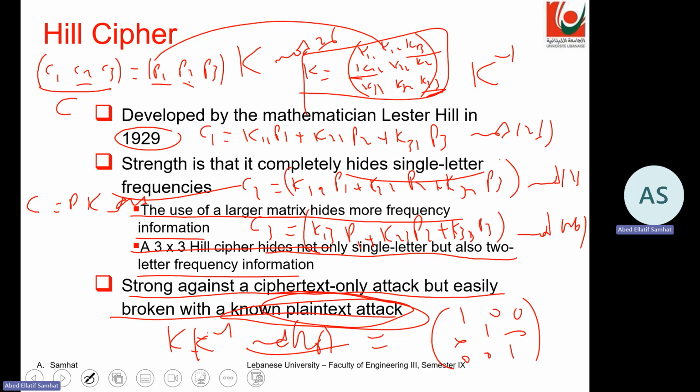If I want to find the plaintext to decrypt, it will be the ciphertext times K minus 1 mod 26. So the ciphertext is PK, and PK times K minus 1 gives back P. Okay, so this is the Hill cipher.